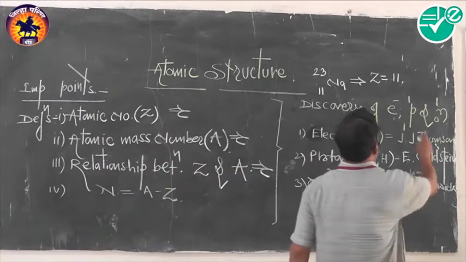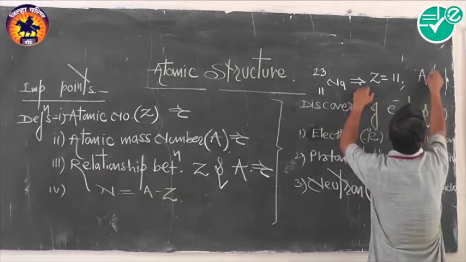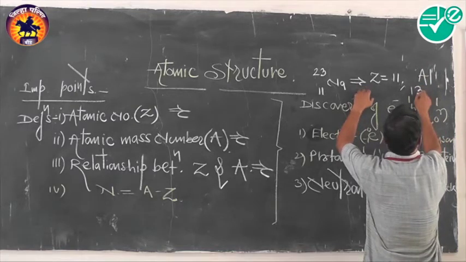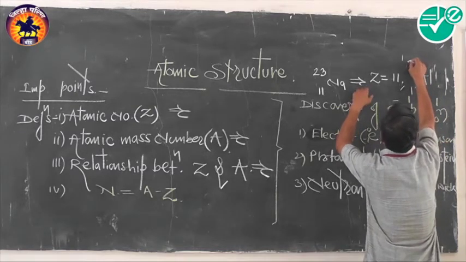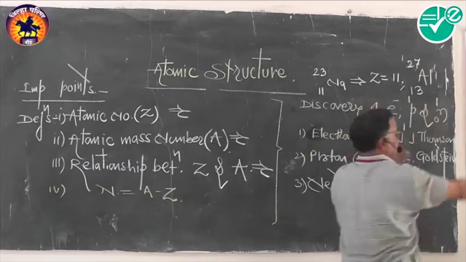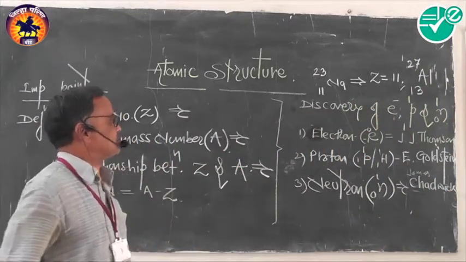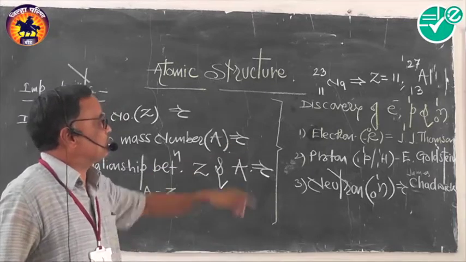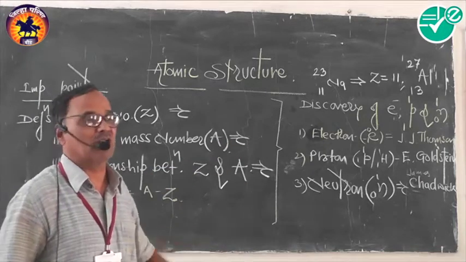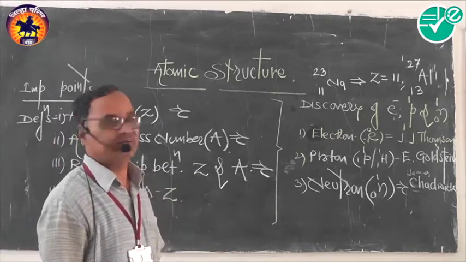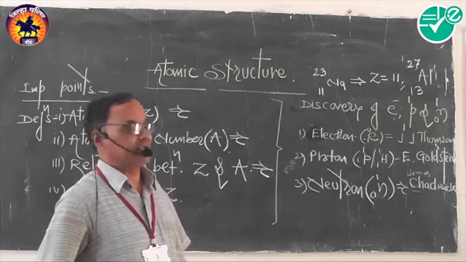At the same time, the second example, that is aluminium, which has atomic number 13 and atomic mass number 27. The figure which is placed at the bottom of the symbol of aluminium is none other than 13.